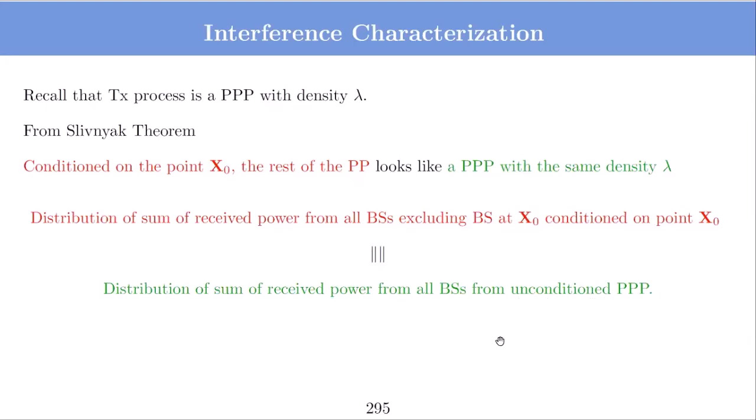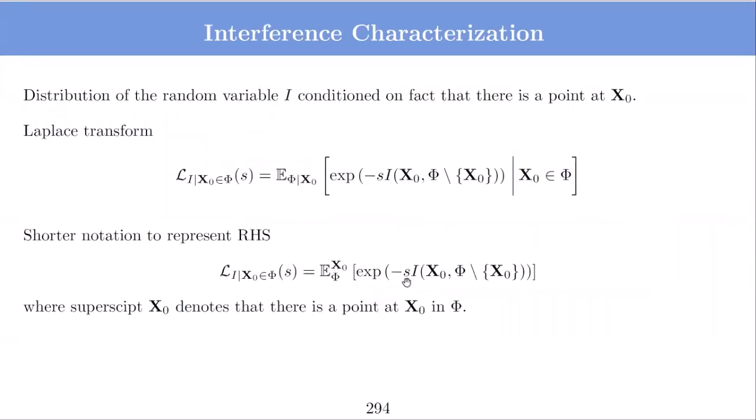So if I remove this conditioning and remove this point, and just compute the expectation over phi of exponential minus sI(x0, phi), that will give you the same distribution.